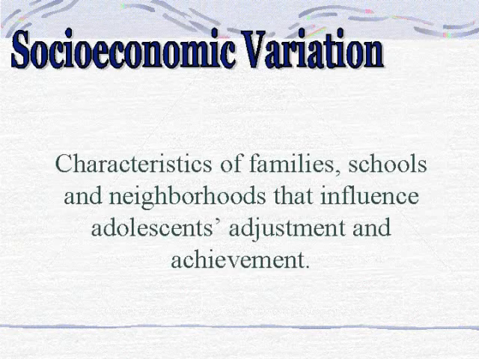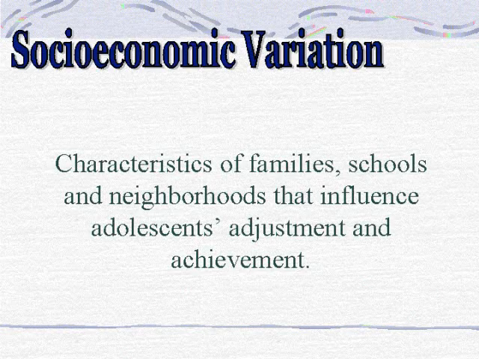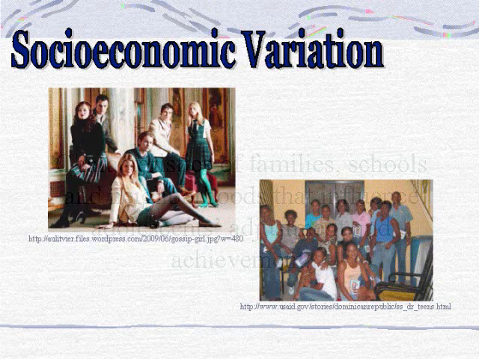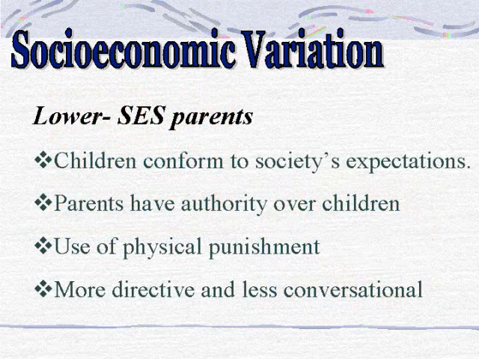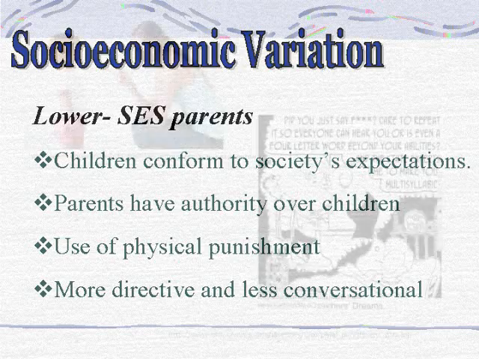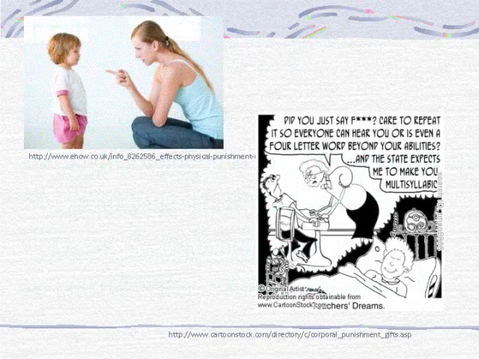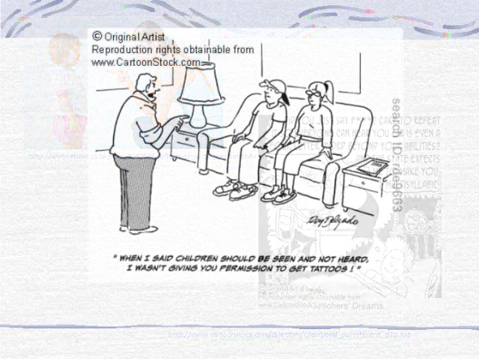The families, schools, and neighborhoods of adolescents have socioeconomic variations and specific socioeconomic characteristics which can influence adolescents' achievement and adjustment. Lower SES parents are more concerned that their children conform to society's expectations, create a home atmosphere in which it is clear that the parents have authority, use physical punishment more often, and are more directive and less conversational with their children.